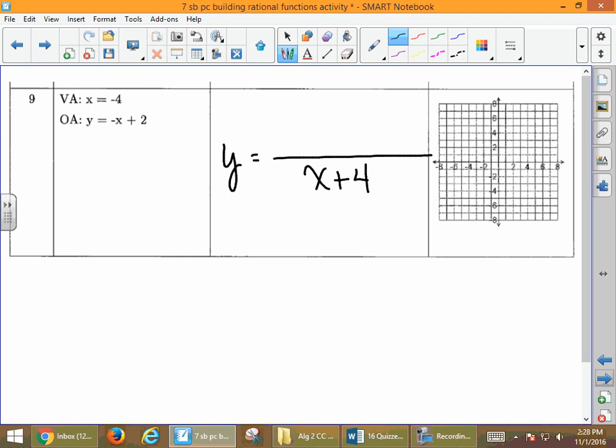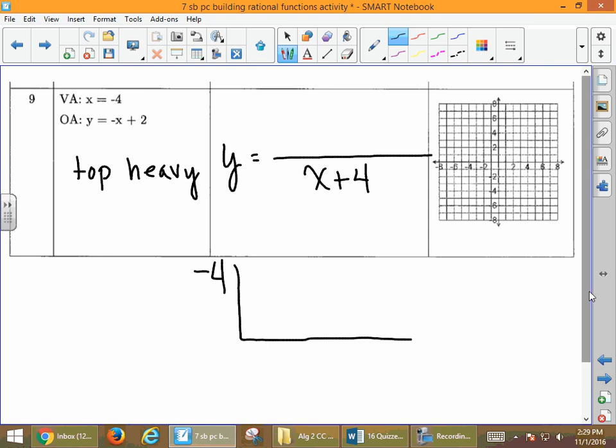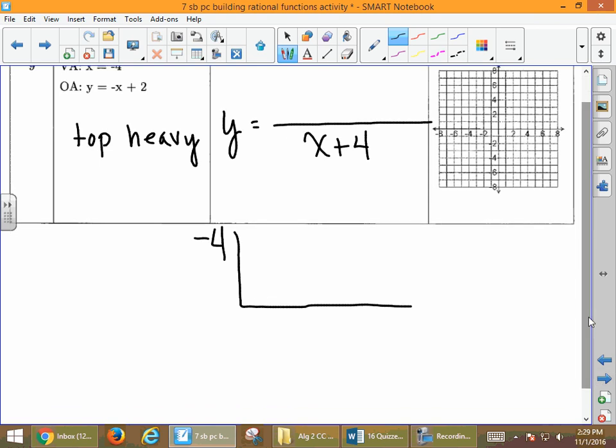Because we have an oblique, that means that we're going to be top heavy in terms of our function. And when we look at our synthetic division, since this is x plus 4, we would have a -4 out here. We know what our function is. Our function, we're left with the number in front of this x, -1 plus 2. Again, we don't care about that remainder right there.